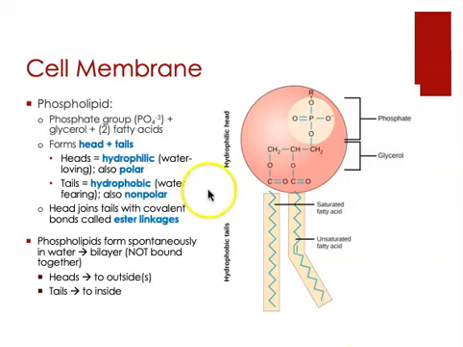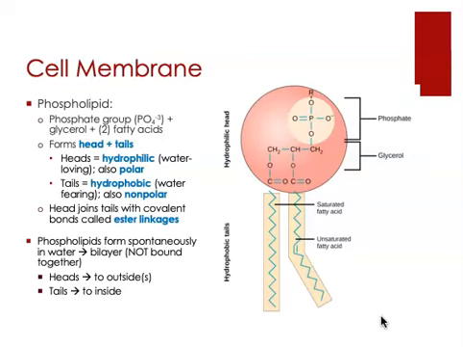Now, when you put a group of phospholipids together, and remember this drawing represents one phospholipid, when you put a whole bunch of phospholipids together in a watery environment, what happens is those molecules will spontaneously form a bilayer. Bilayer just means two layers.